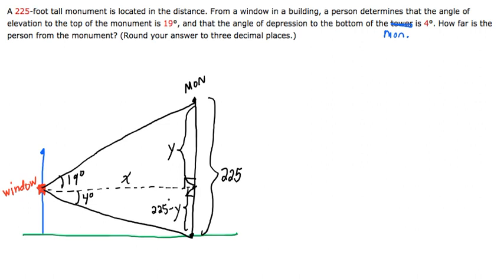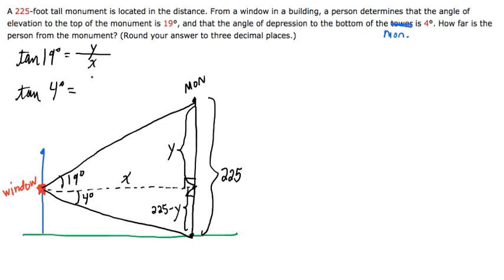So setting up a trig ratio for the upper right triangle over here, we can say that tangent of 19 degrees is equal to the opposite side y over the adjacent side x. And down here, let's write this trig ratio using the lower right triangle. We have tangent of 4 degrees equals its opposite side over adjacent side.